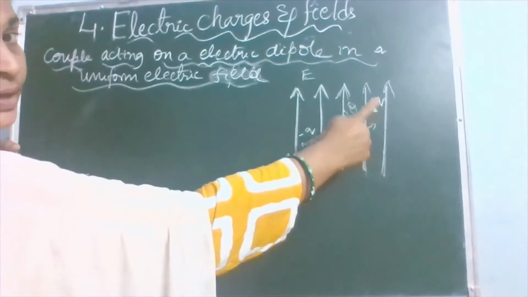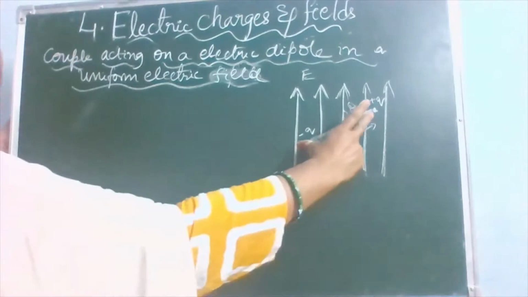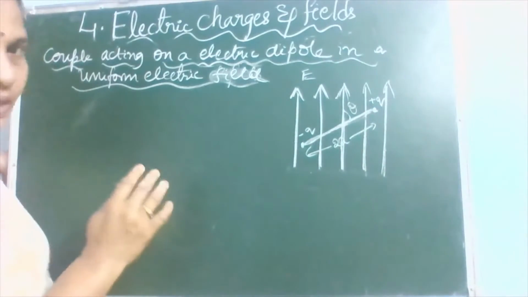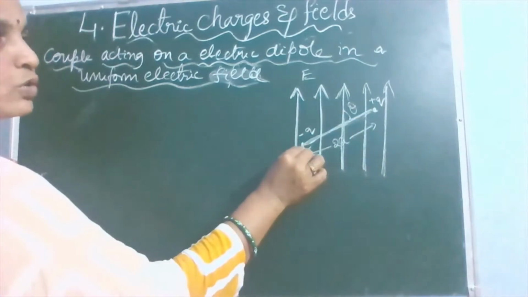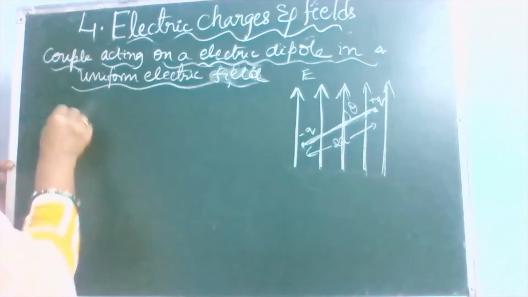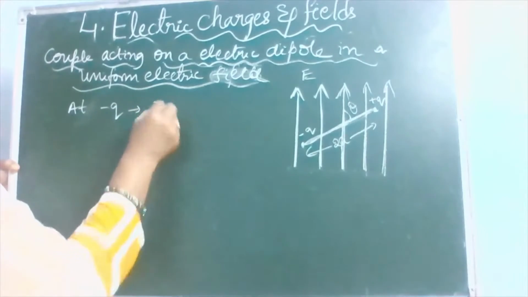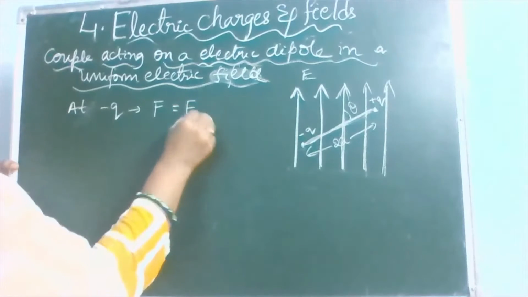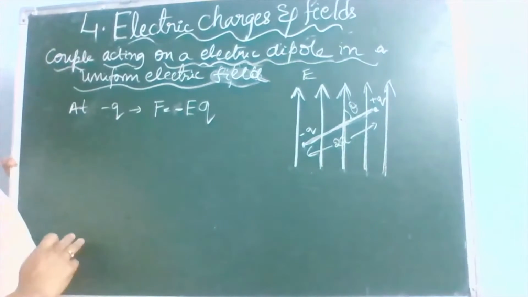But the forces which act on this dipole will be in opposite directions. That means at this point some force will act, and at this point some force will act. The force which acts at this point will be equal to E into Q, but minus EQ.